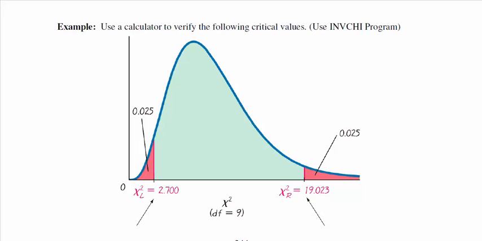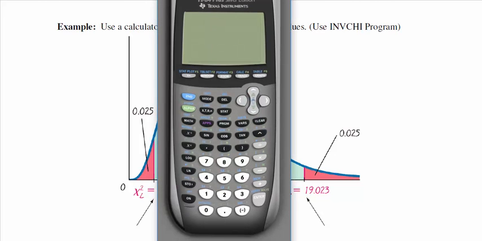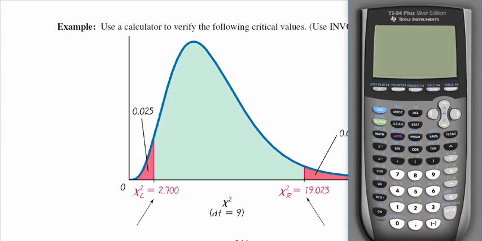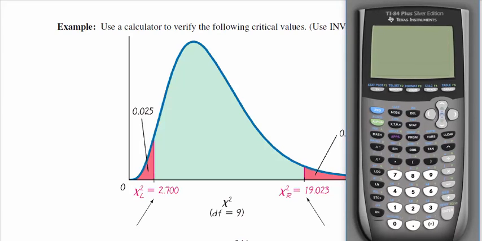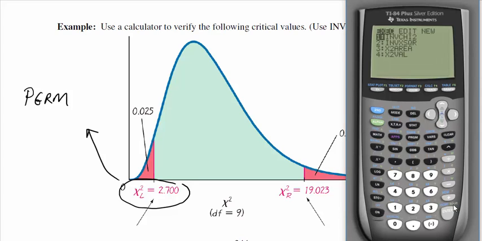Let me pull up the calculator so that we can verify these values. I'm going to start by verifying this lower critical value. I'm going to use the program, and I have the inverse chi-squared program. It asks for the area to the right.